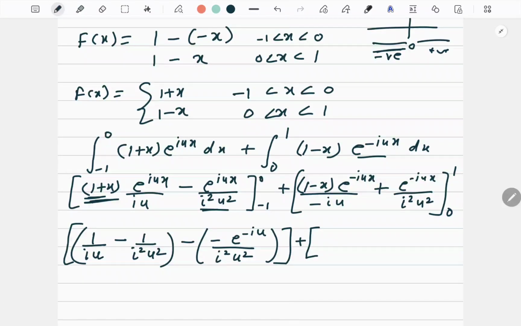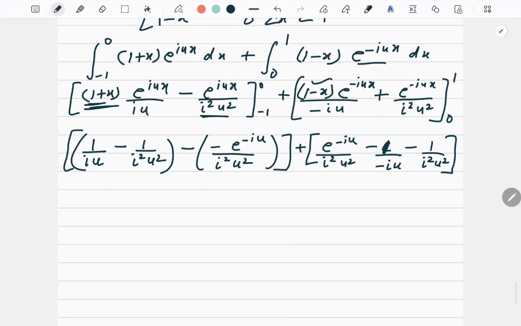Now if I put the upper limit here, this term will become 0. If I put the upper limit here, e to the power minus iu upon i square u square, minus, I will put the lower limit, that is 0. So it becomes 1 upon minus iu, minus 0 means 1 upon i square u square. Correct? So now let me simplify all the terms. Let me see how much I am getting. 1 upon iu it is, right?